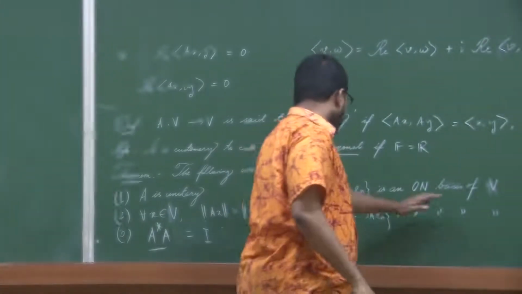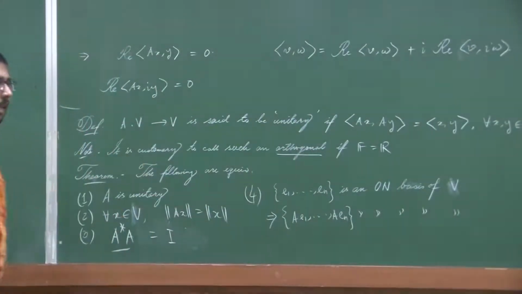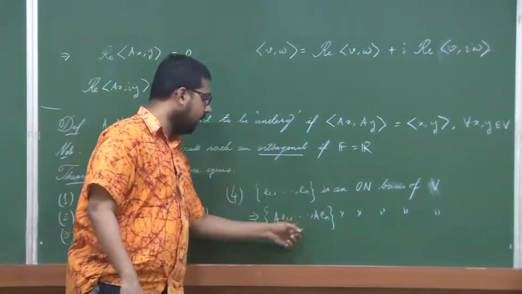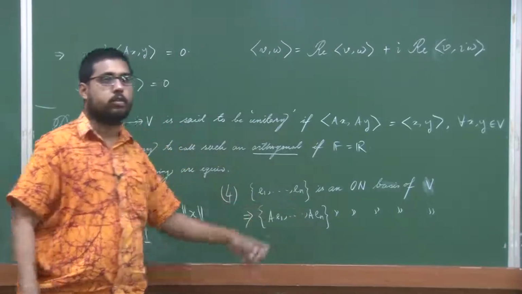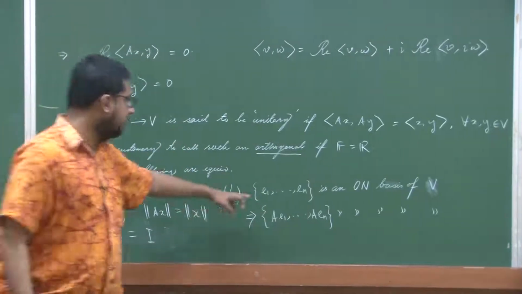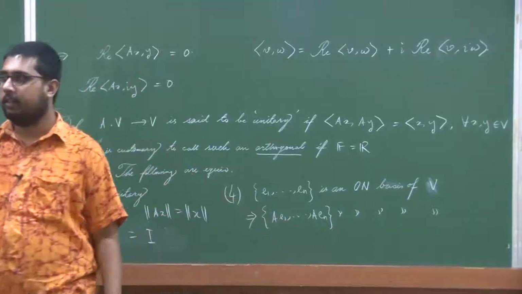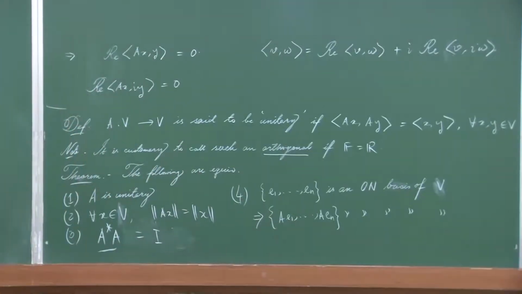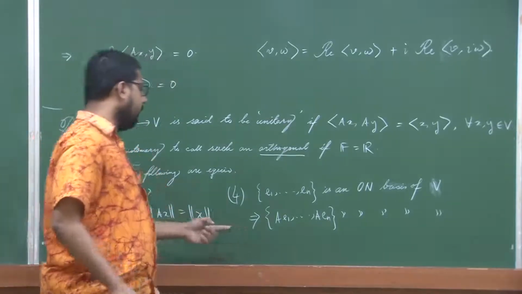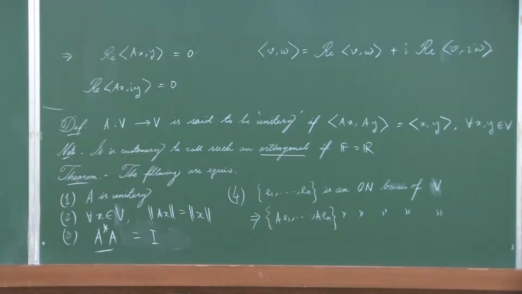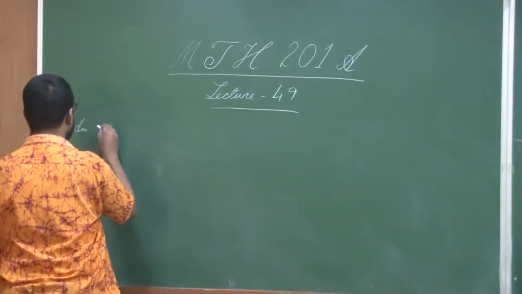If any of these conditions hold, then the map sends an orthonormal basis to an orthonormal basis. Since an orthonormal basis is a basis, its image is again a basis, therefore a unitary map is automatically invertible.